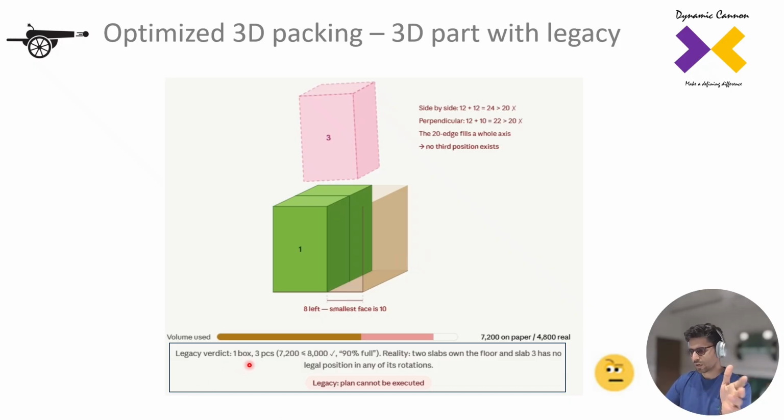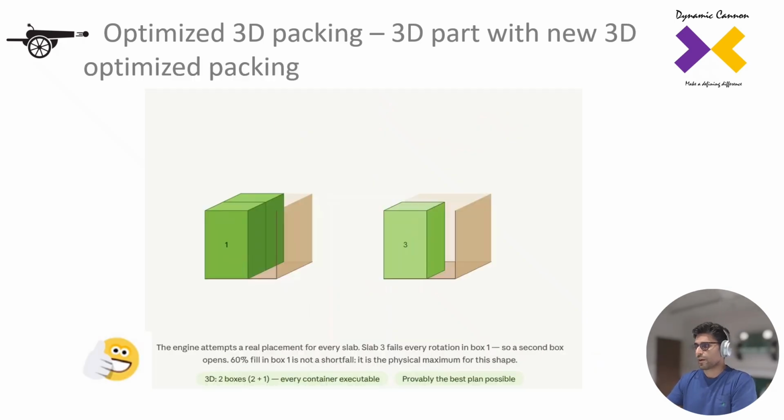The legacy verdict is one box, three pieces, because the algorithm was quite naive and was only looking at the volumetric and the weight related stuff. Now the improvements Microsoft has made are immense. Now it is looking not only at the volume and the weight, but also matching the XYZ coordinates of the item to the box coordinates to see if they fit in.